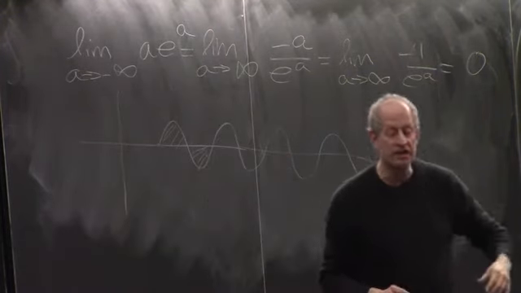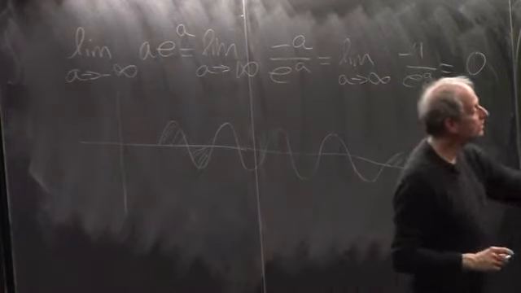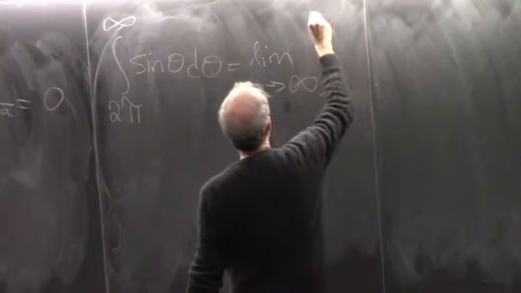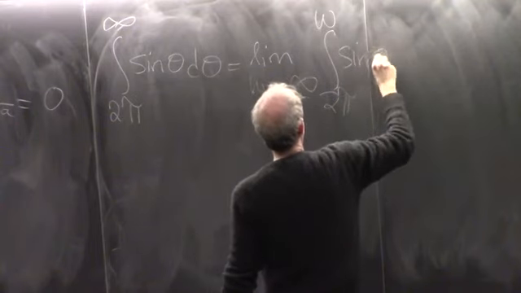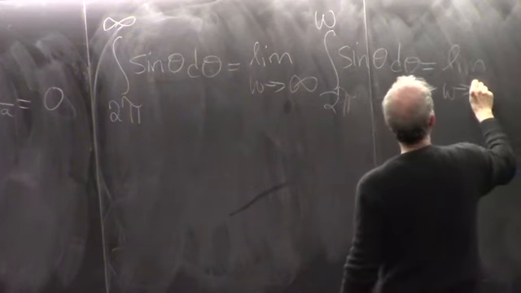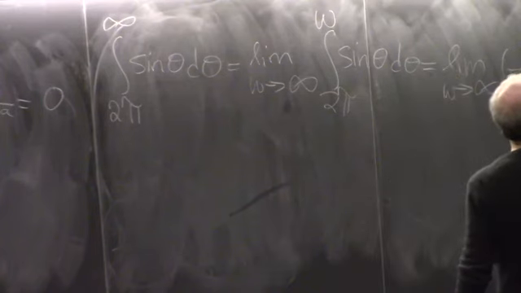Now, you can integrate it and see. I'll do it over here. So the limit as w goes to infinity, 2 pi to w, sine of theta d theta is the limit as w goes to infinity of minus cosine theta from 2 pi to w.